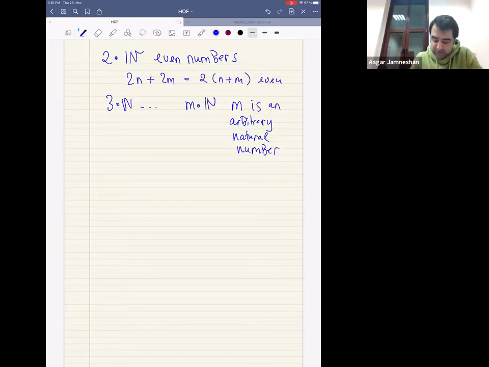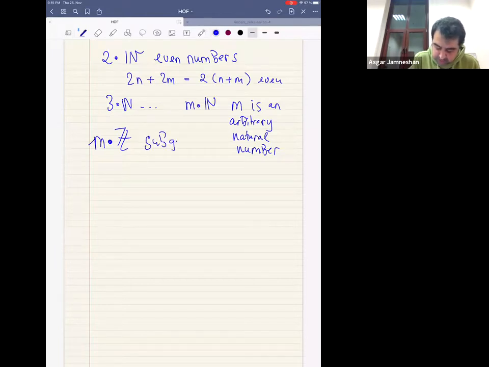By the way, let me also add this. If instead of the natural numbers you consider the integers, then in fact m times the integers will also be a subgroup.